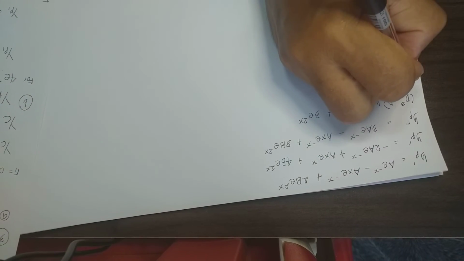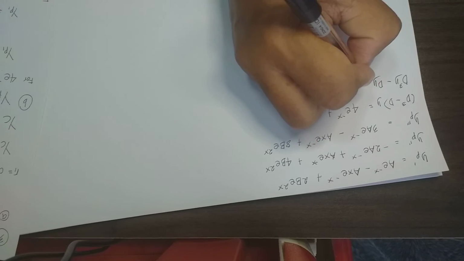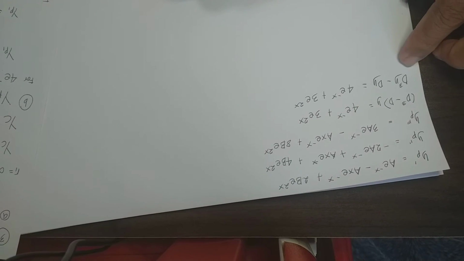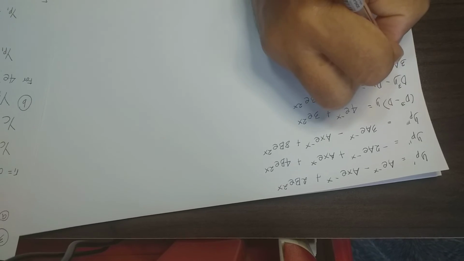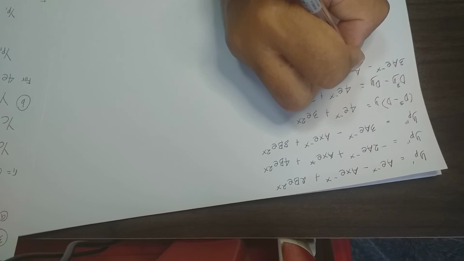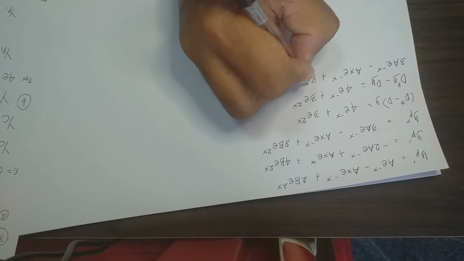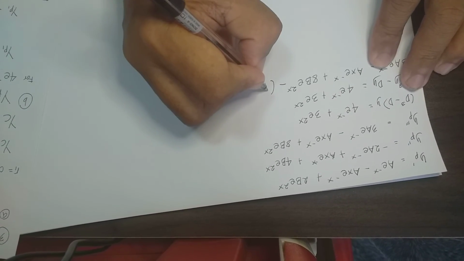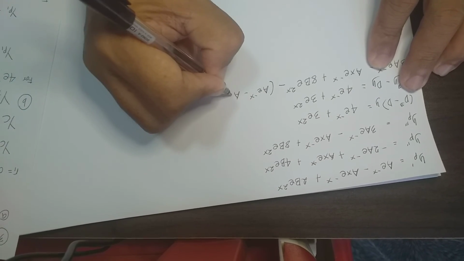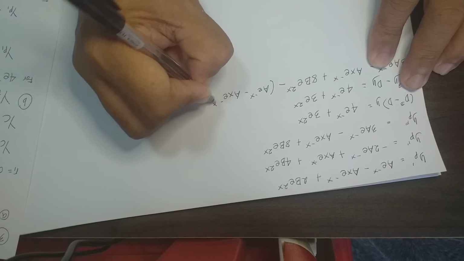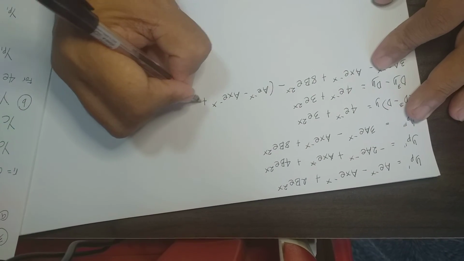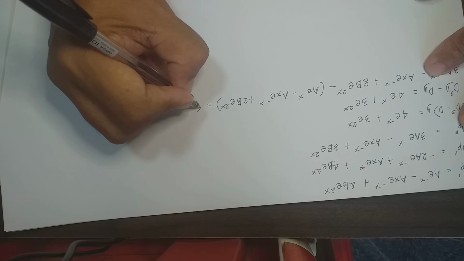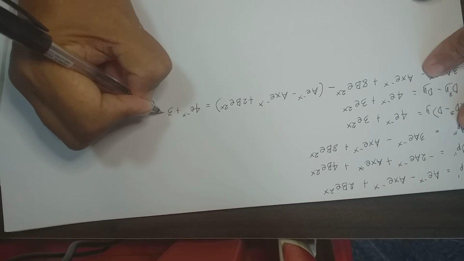So we have the triple derivative of yp, 3a e to the negative x minus ax e to the negative x plus 8b e to the 2x, minus the first derivative of yp, a e to the negative x minus ax e to the negative x plus 2b e to the 2x, and that is equal to 4e to the negative x plus 3e to the 2x.